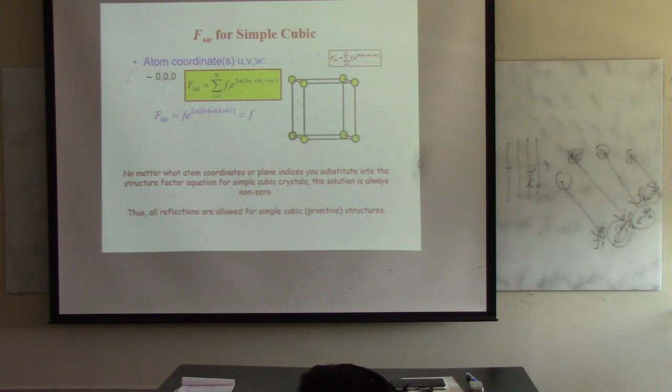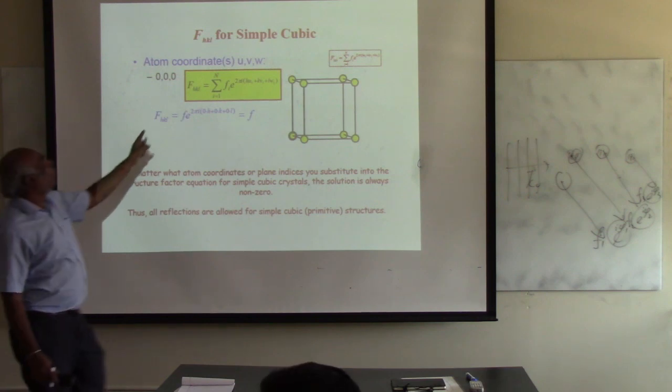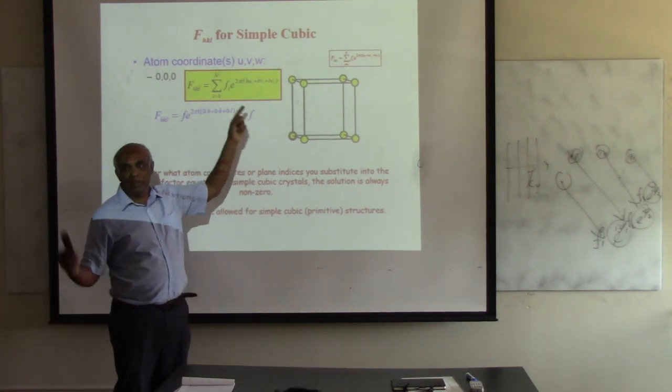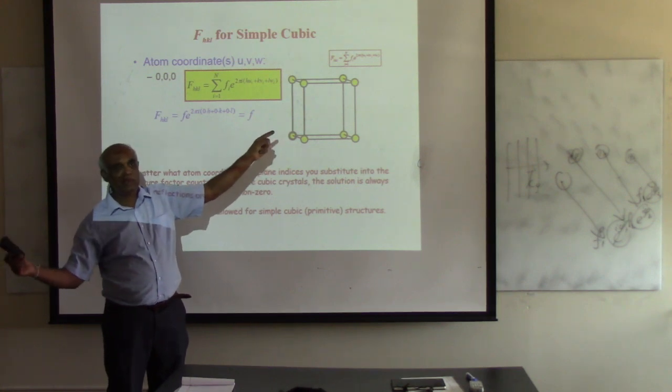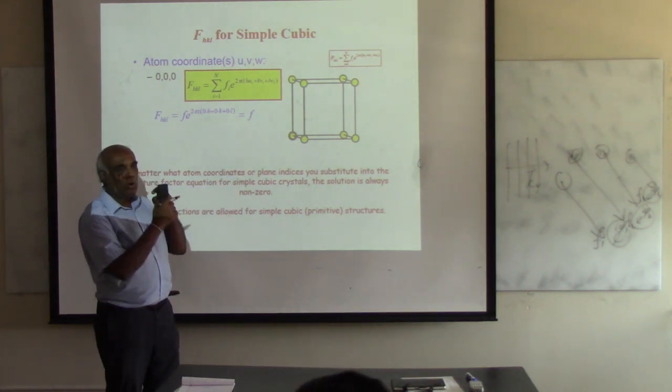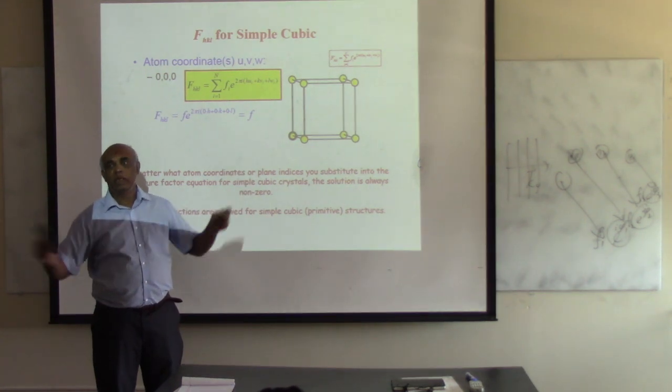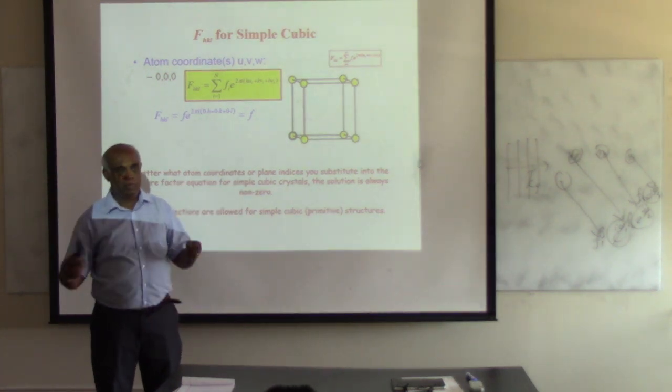That means e to the i times 0 means 1. So this is basically f. That means for simple cubic system, your intensity is always finite. You can never get any 0 intensities. For simple cubic, you will have all the possible reflections.